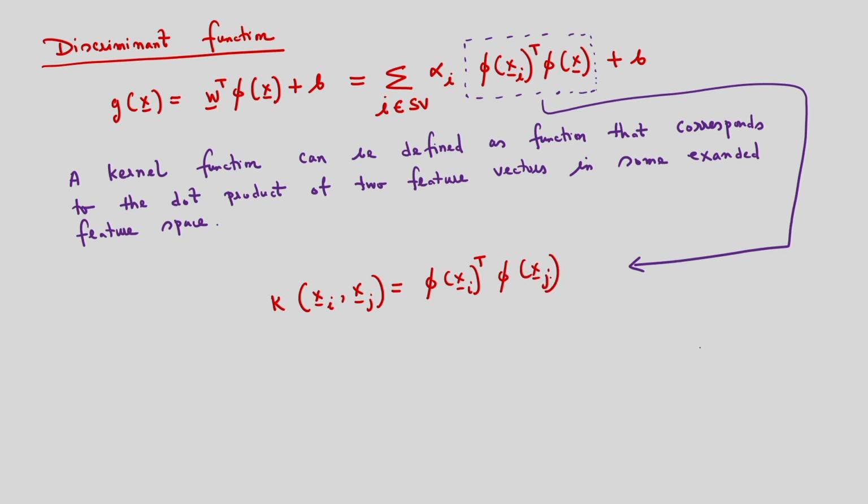To consider this dot product, we are considering a kernel function. I can give some examples of commonly used kernel functions, maybe in the next slide. So, some of the commonly used kernel functions.